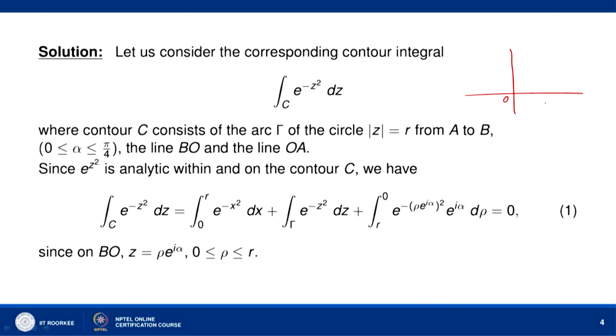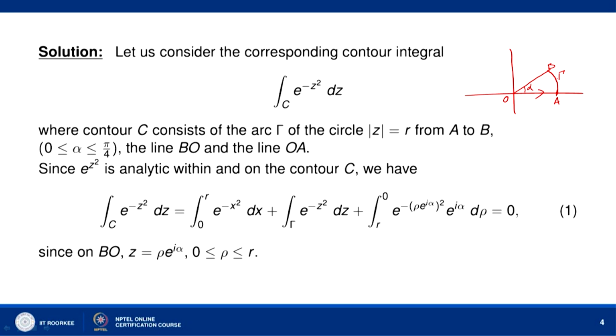So, this is origin, let me take this as A, and let us say this is B. Then the contour C consists of the arc gamma of the circle mod z equal to r from A to B, with alpha between 0 and pi by 4, the line BO and the line OA.